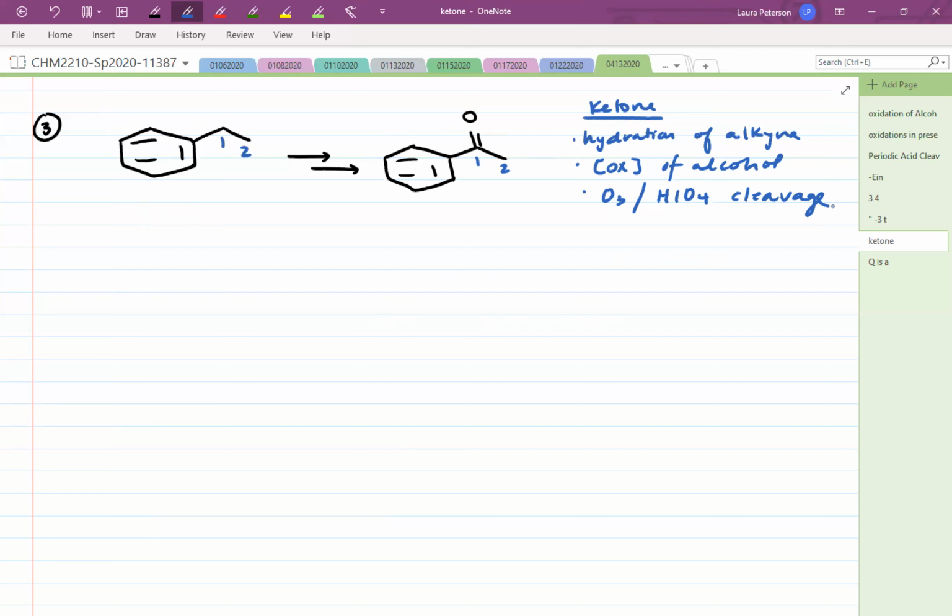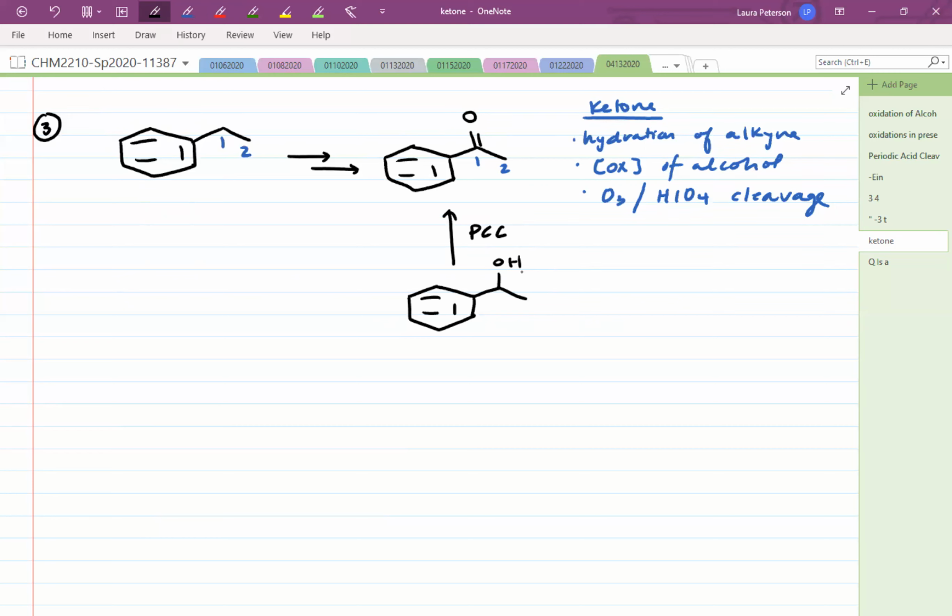If I was going to utilize that, let's think about it as the last step. Here it doesn't matter which oxidation you use, PCC, dichromate, Jones, any of those, since the corresponding starting material will be a secondary alcohol. Now we've shortened our synthesis by a step, because this benzylic alcohol is my new target molecule. We need to think about how to convert the starting material to that alcohol.